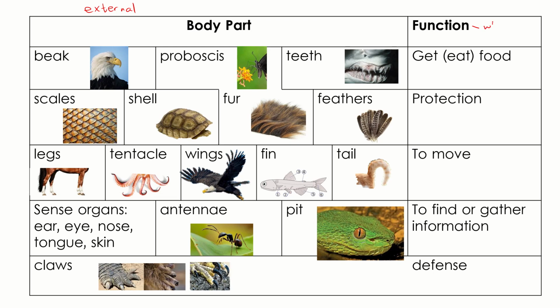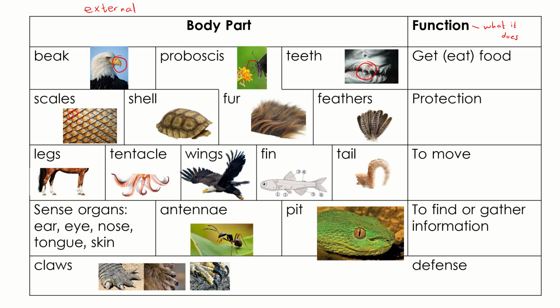Function means what it does. So the beak of the bird, the proboscis, this little thing over here, it's like a straw that the butterfly drinks with, or the teeth of the shark, all of them let the animal get food. So these structures help the animal to get food.